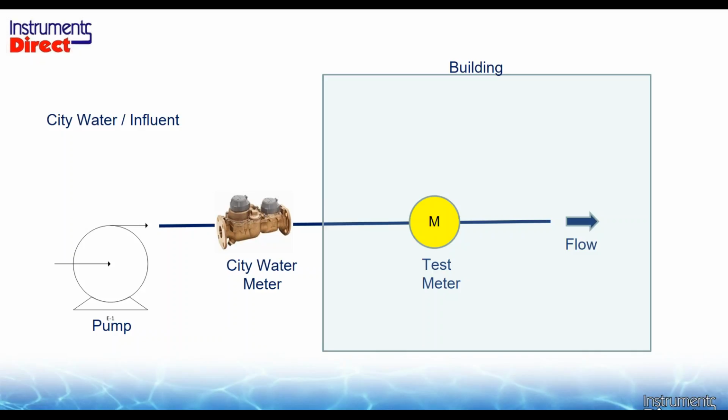Now, a toilet flush in a 10-inch pipe is roughly 1.5 to 3 gallons, and 1.5 to 3 gallons in a 10-inch pipe is spit. We can't see spit going through the pipe. It's like 0.0001 feet per second. The test flow meter doesn't read that low. In fact, most flow meters don't read that low, except a custom flow meter.